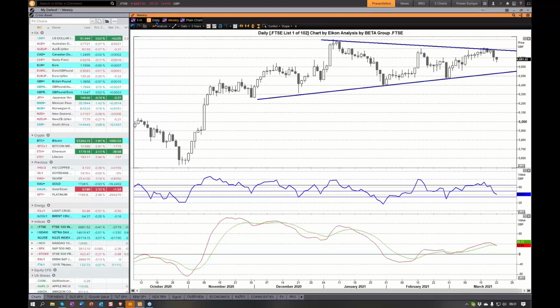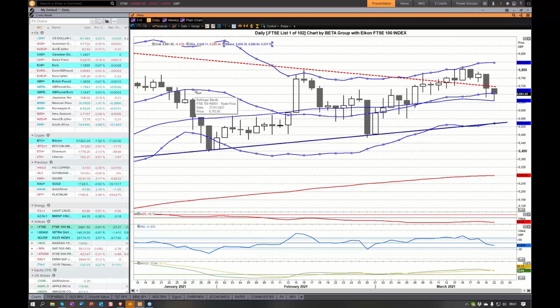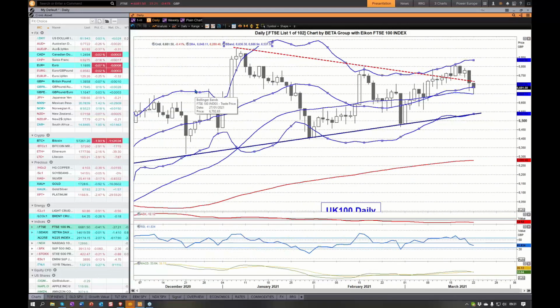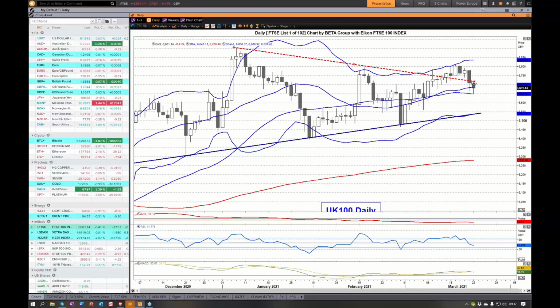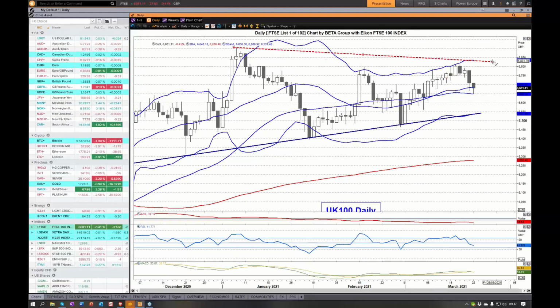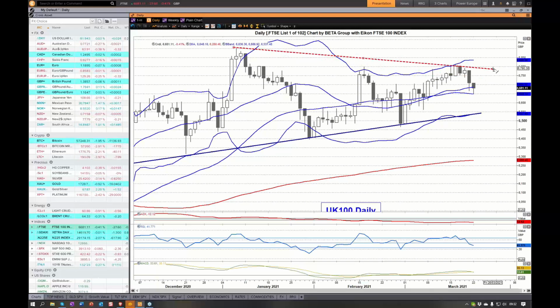Is that the right line? I've drawn it differently on the daily chart. I drew it with this time touching that point. I had hoped that this was the breakout and then the retest, but that doesn't look like it is correct now. And so I'm really going to draw this one the same. I know it's cheating to do it after the fact, but I've got new information.